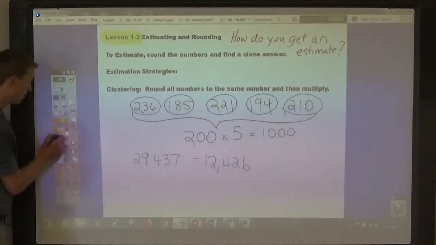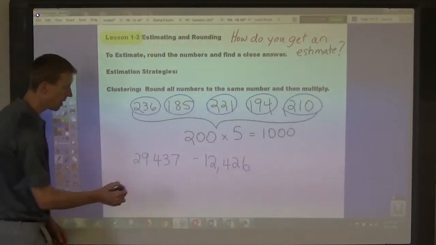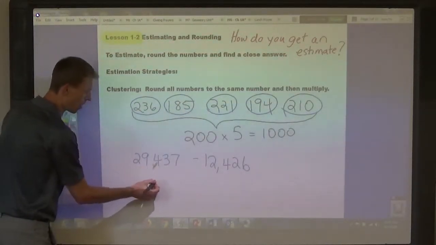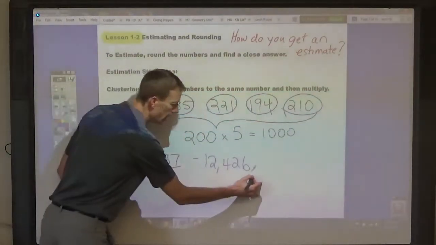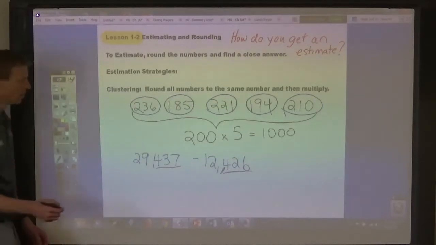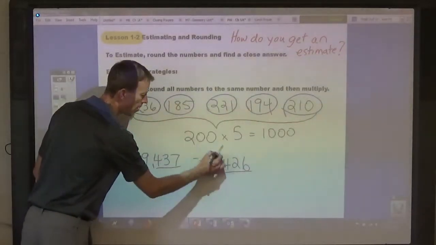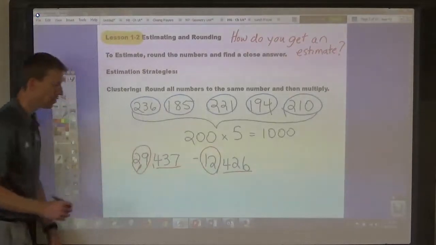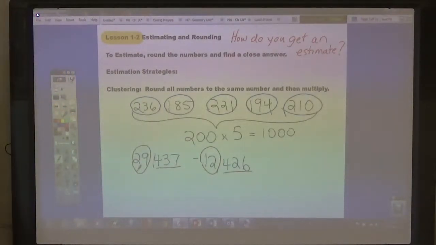Now, notice that these numbers are pretty close to each other. Oops, I missed the comma here. So what we can do to estimate this is simply subtract the front of each number, 29 minus 12, to get the estimate.